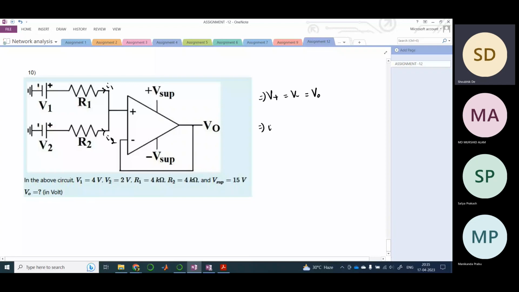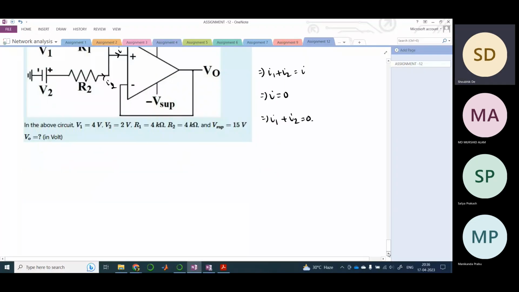It would be essentially equal to 0. Why 0? Because there is no feedback path here, and there is no current entering through this path. So if I write it as I here, why is I 0? I hope you have understood by now. I is equal to 0 due to the ideal op amp condition. So I1 plus I2 is equal to 0.